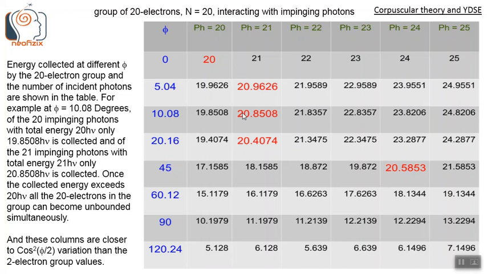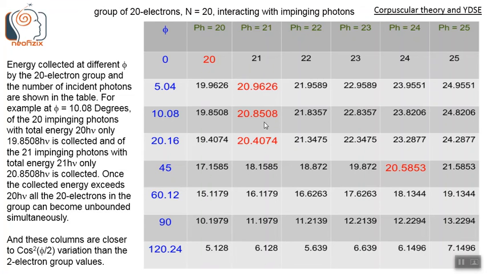So it was a group of 20 electrons, they absorbed 20 h nu, they collected all these photons over some steps. Here it was 21 steps, but if it was at 45 degrees, it will take 24 steps to collect 20 h nu. So whatever the number of steps, as soon as it collects 20 h nu, the electrons in that 20 electron group are ready to go from a bound state to an unbound state and beyond simultaneously.